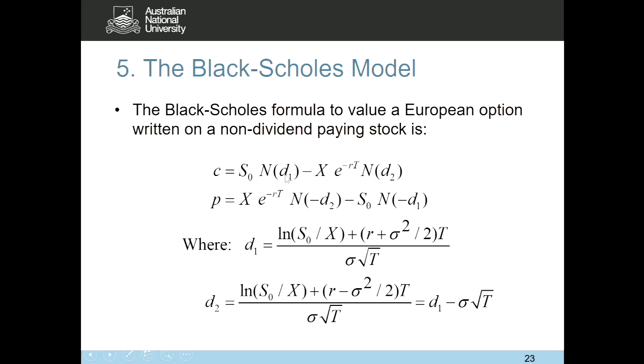The way we get N(d1) and N(d2) is by using these two equations here. All right? Once we calculate d1 and d2, we look up the probability from our statistical table, and then we plug into this equation and we get the call option price. And similarly, that's how we get the put option price.